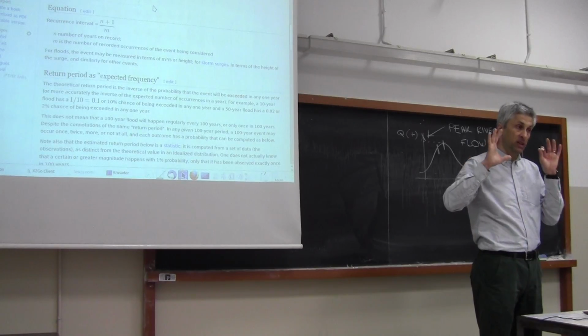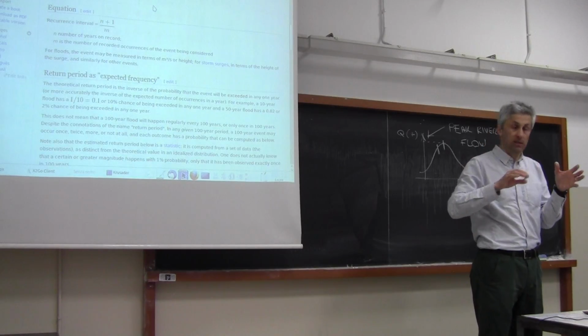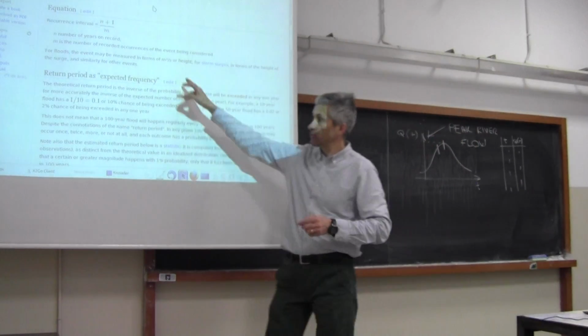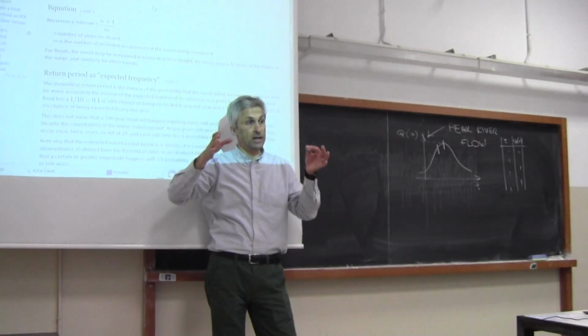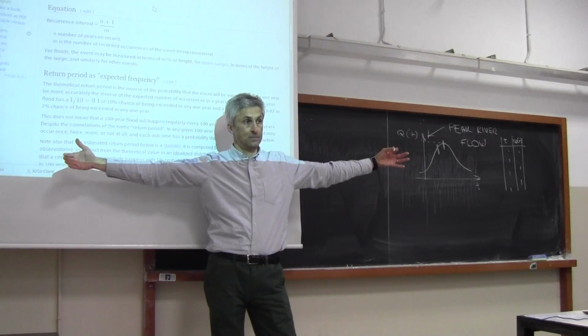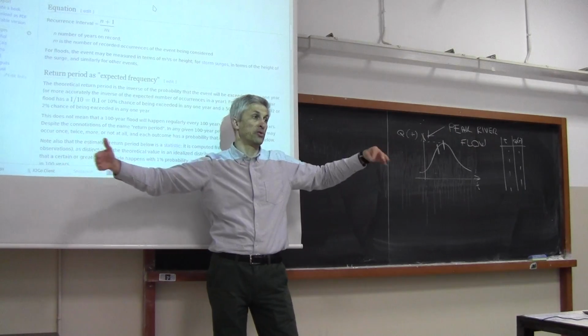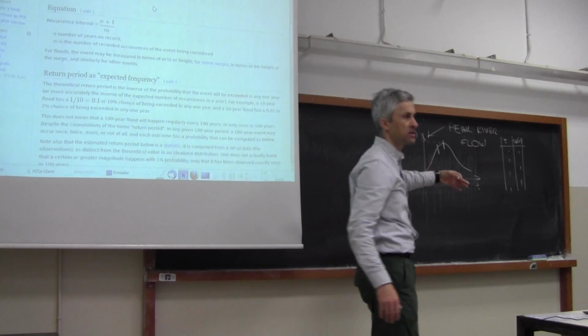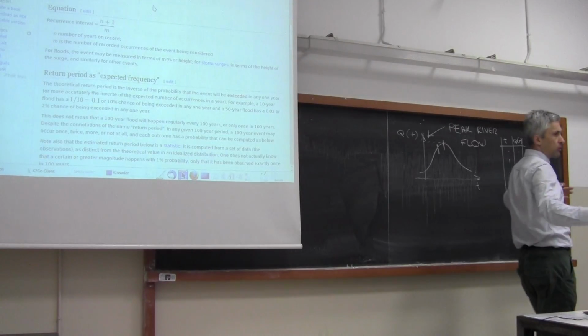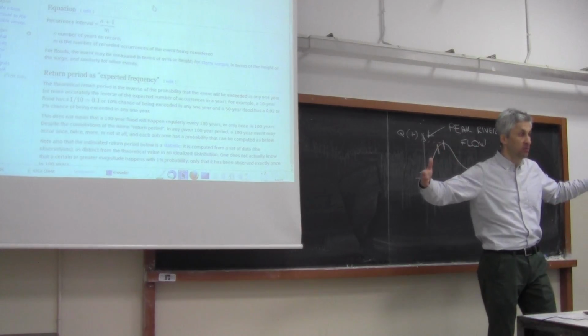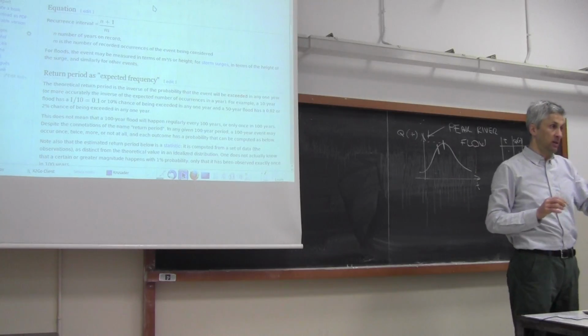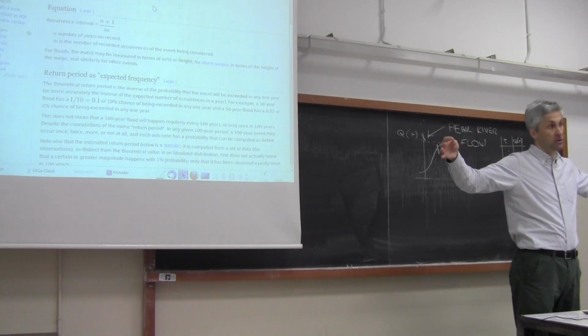So we have to be careful, because this method for estimating the return period is reliable if you have a lot of data, a lot. If you have 1,000 years of measurements, of course it's very reliable, because the highest value is based on 1,000 years of observations.